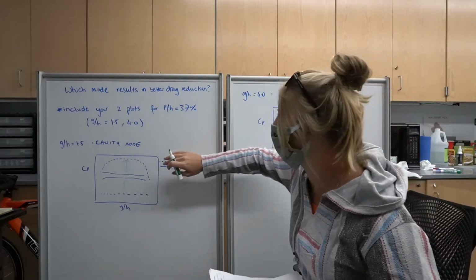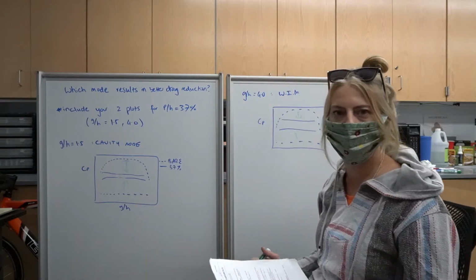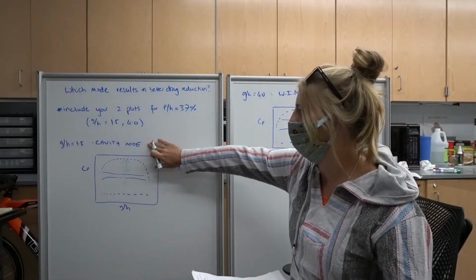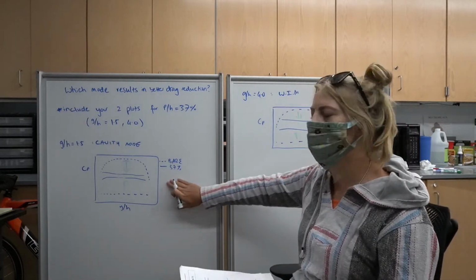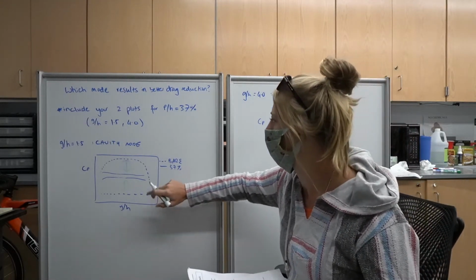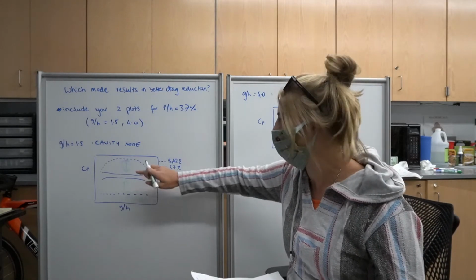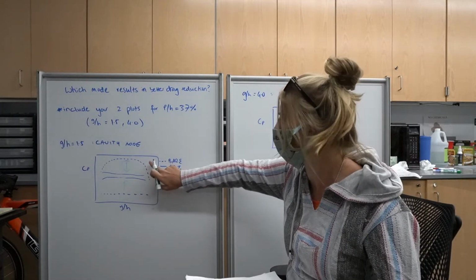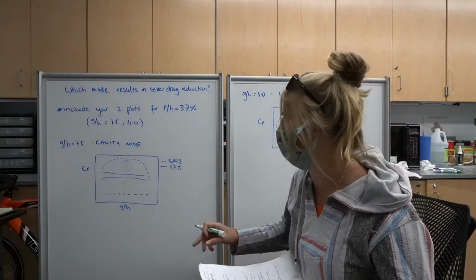So when you're looking at your 37% plate at a G/H of 1.5, we know that we are in cavity mode. So when you plot this, there's a few things that you want to take note of. Firstly, when we compare our data with the plate in front of it to the bare cylinder, we notice a big decrease in drag as we expect.